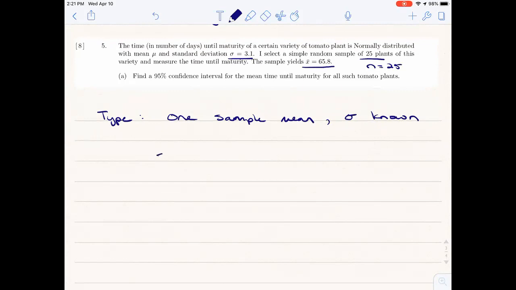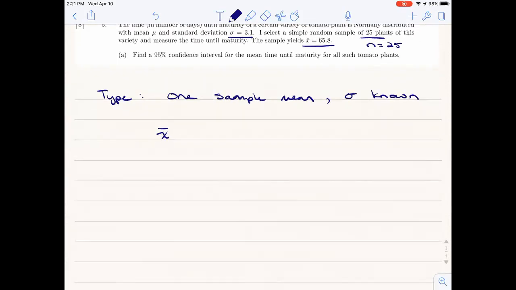So for a confidence interval for one sample mean, sigma known, we've got X bar plus minus Z star times sigma over root N. We know X bar, we know sigma, and we know N. The only one that's missing is our Z star. And we want a 95% confidence interval. Remember for your Z star, because we use them for proportions as well, we just use the T table, and the Z star is at the bottom row, or bottom-ish row.